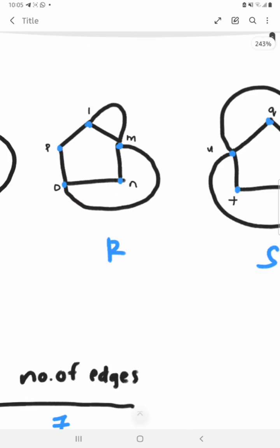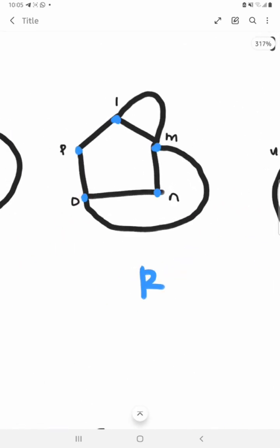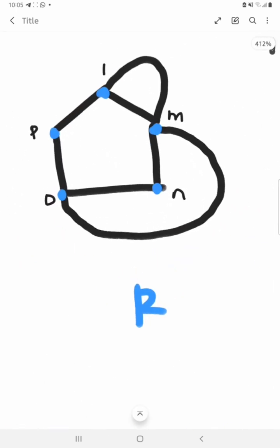So let's look at another graph, for example, graph R. Okay, there are 2 points that have 2 degree. For example, if I choose this point N, this point N has 2 degree, one neighbor has 4 degree, and the other neighbor has 3 degree.